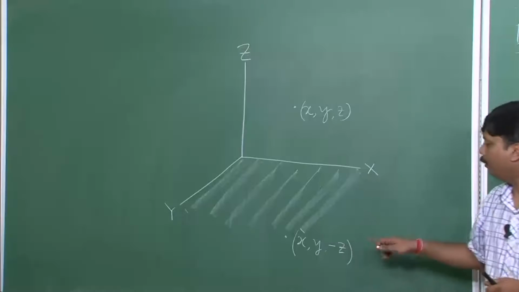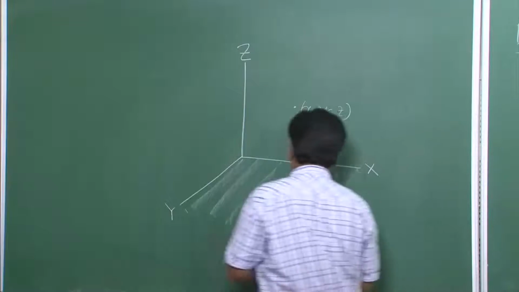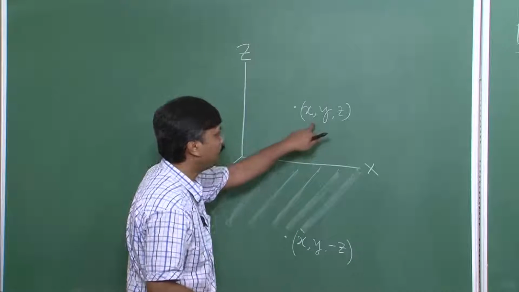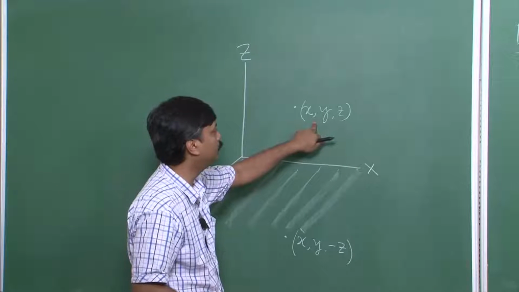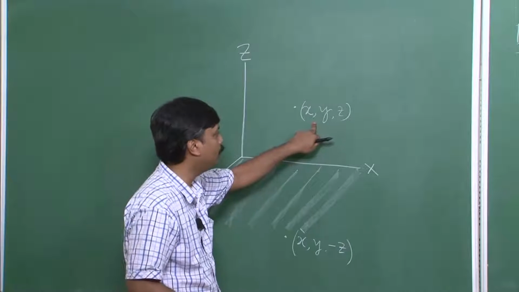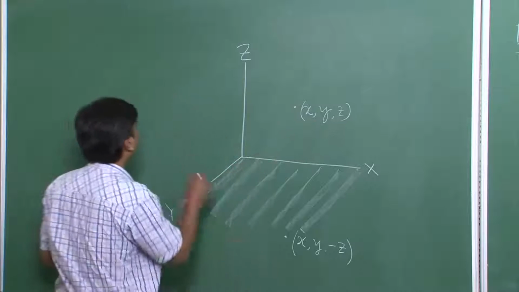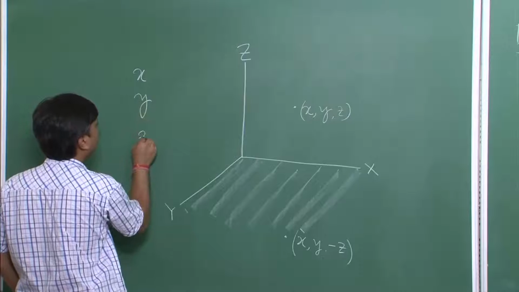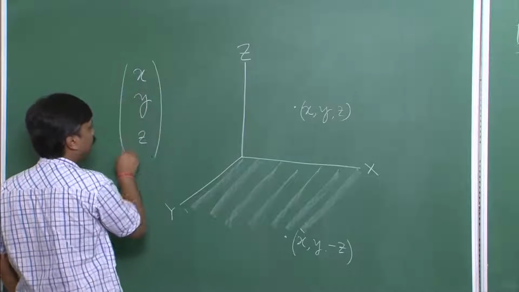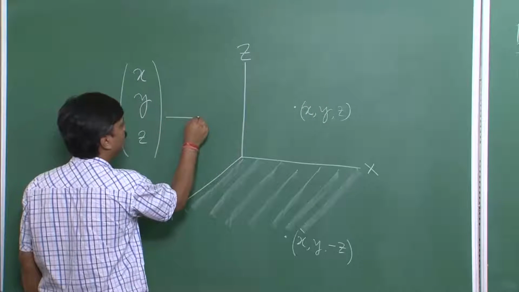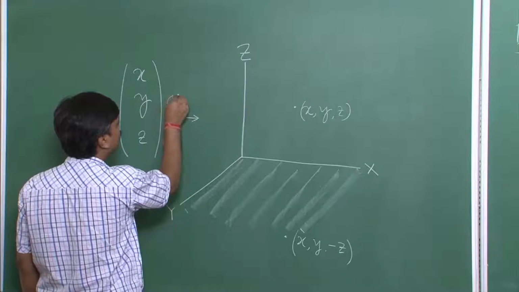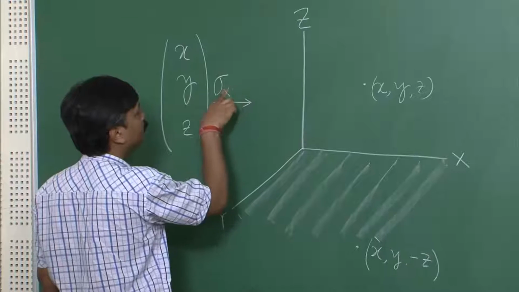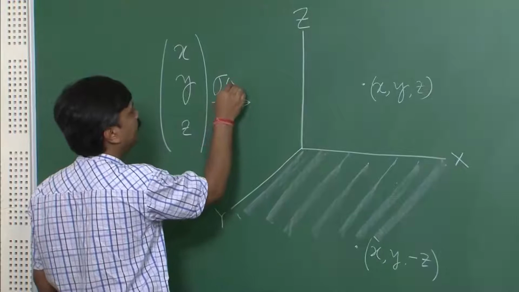So, now one more thing I will mention here. So, if I can write this position coordinate in terms of a column vector, what I can do? I can write x, y, z, correct? So, now when I have this sigma xy, okay, so I will probably write it like sigma xy.